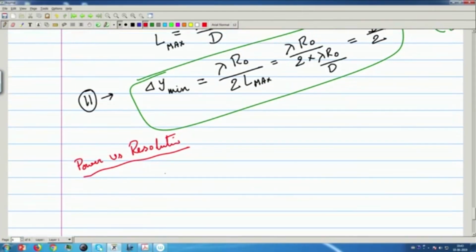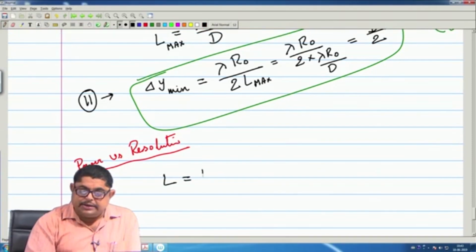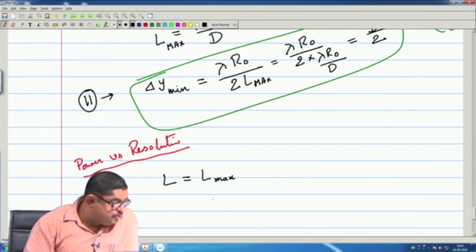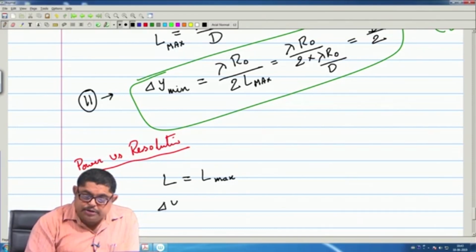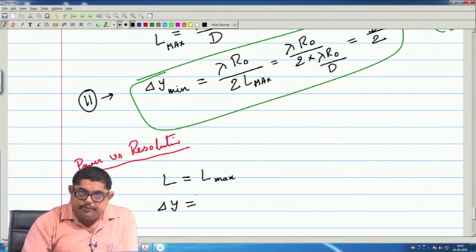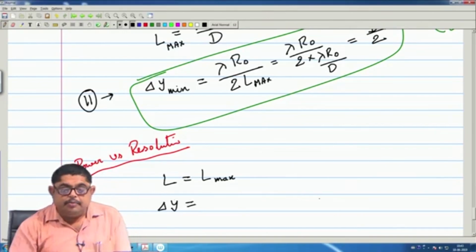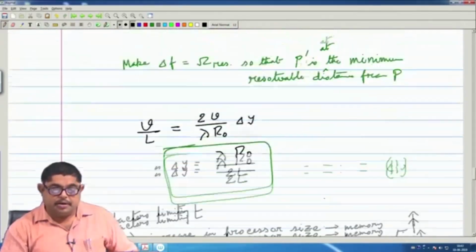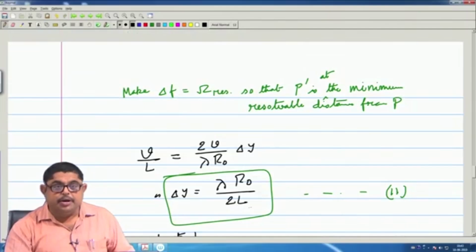Here again we will start with L taken as L max, and the cross range resolution, I am again writing for a reason, we have already found the expression delta y equals lambda R naught by 2L.